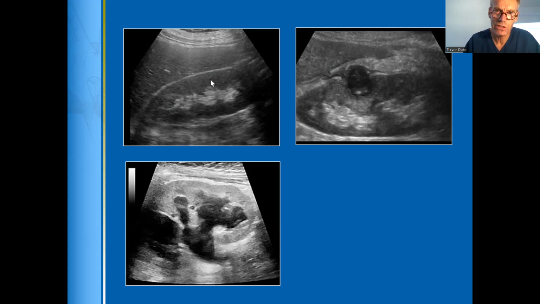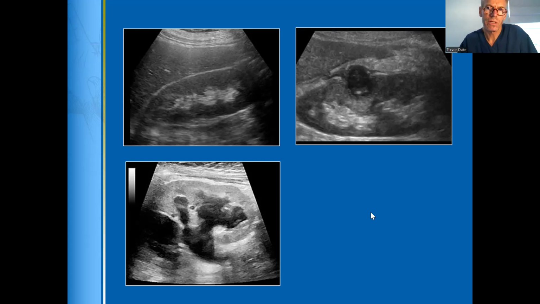Most likely, he's just got normal kidneys that have got a urine infection and might have had a pyelonephritis. But sometimes you can see obstructed kidneys in young infants who get urinary tract infections. Sometimes you'll see other things, like this child has a renal cyst, a kidney cyst that's got infected.